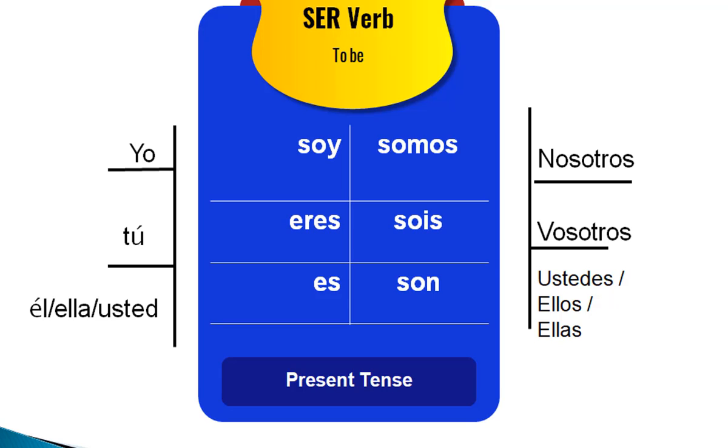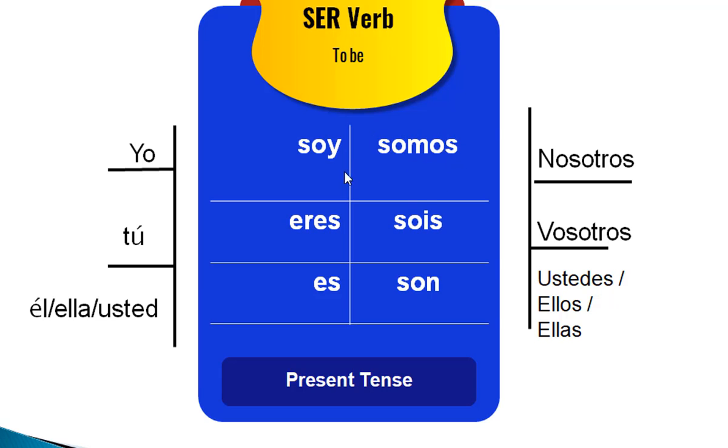Then third form is es. He is, she is, you are in a formal manner. Es. Él es, ella es, usted es.